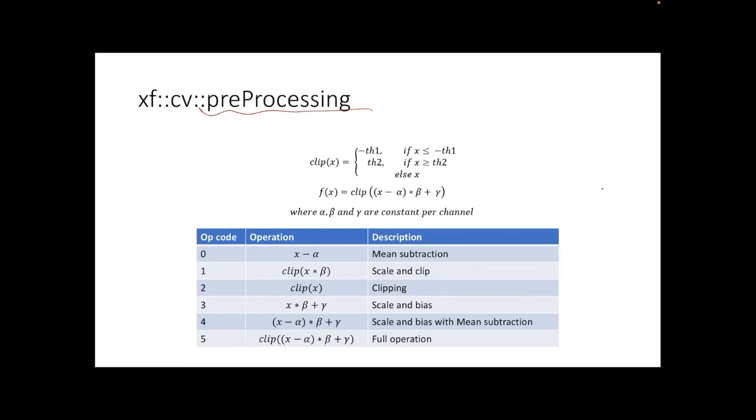Okay, basically there is a function called preprocessing, and the function is like this. Although this function can do a lot of things in one shot, we can control what the function does to the image by the opcode specified here. We take opcode 0, for example. Opcode 0 means we do mean subtraction.